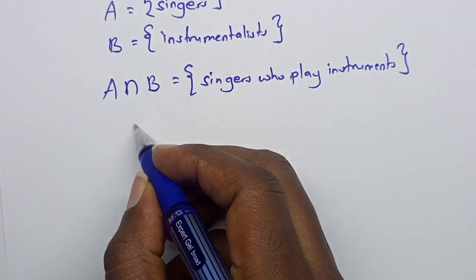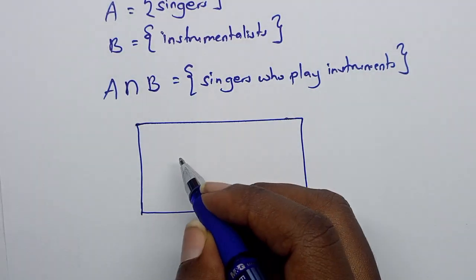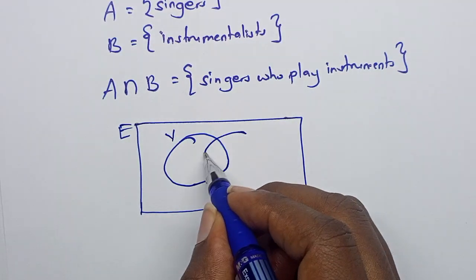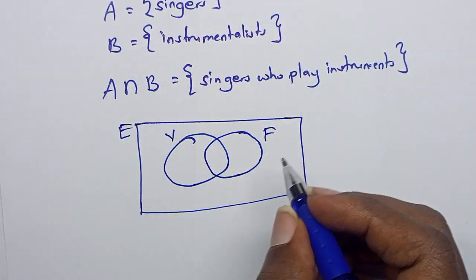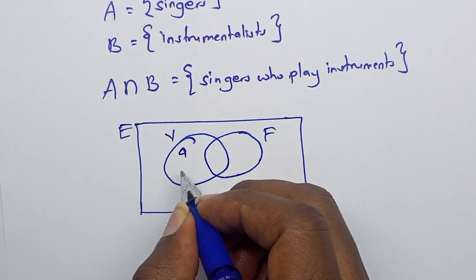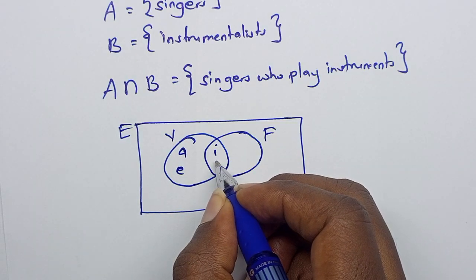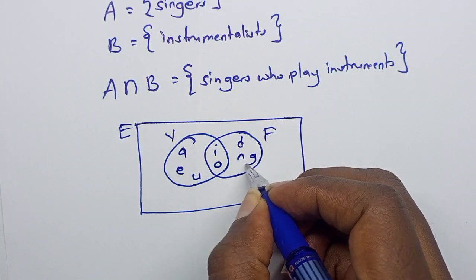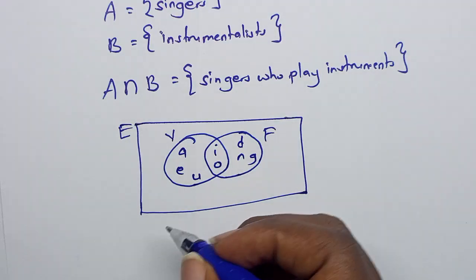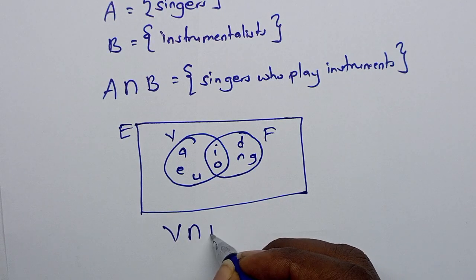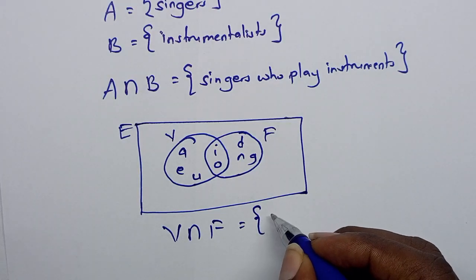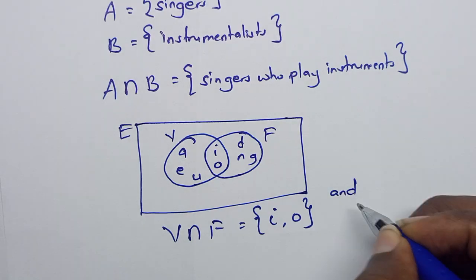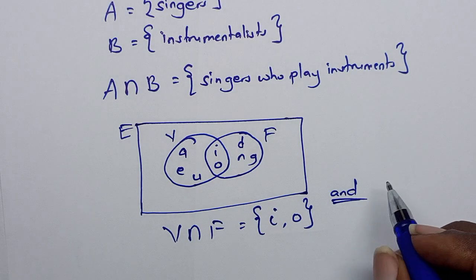On a Venn diagram, it's represented like this. This is the universal set. You have a set V and another set F. If you have A, E, O, U, here we have D, N, G. So here, V intersection F will be equal to a set of I and O. Now the word and tells us that there is an intersection.